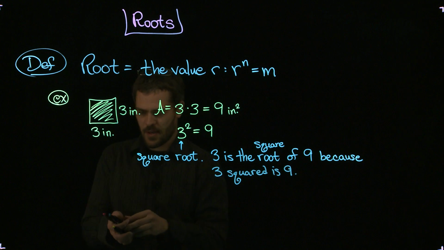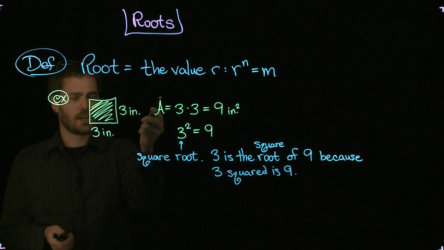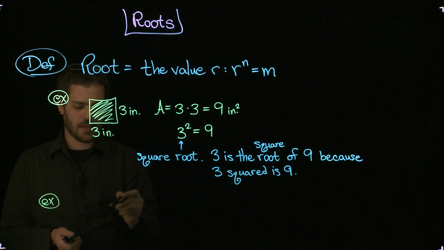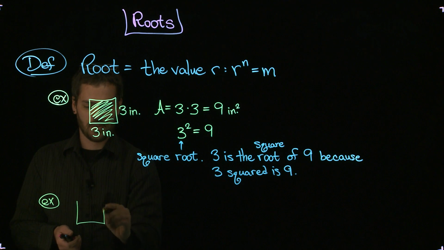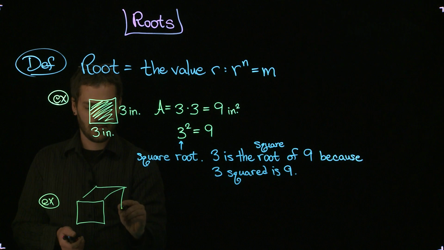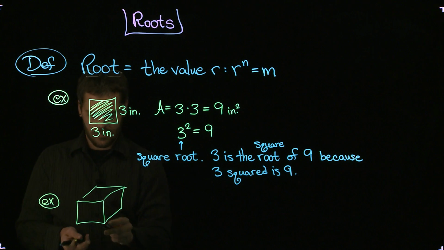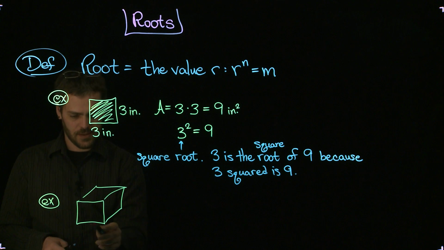Let me give you another example just to go along with this idea, and again, using that definition. Let's consider the next higher dimension. Suppose we had a cube. That's a quickly, sort of poorly drawn cube, but keep in mind that this is a cube.